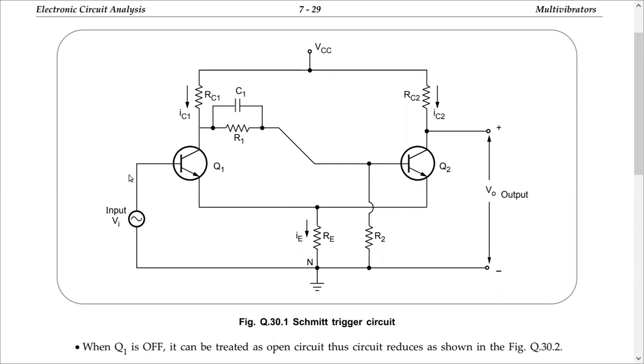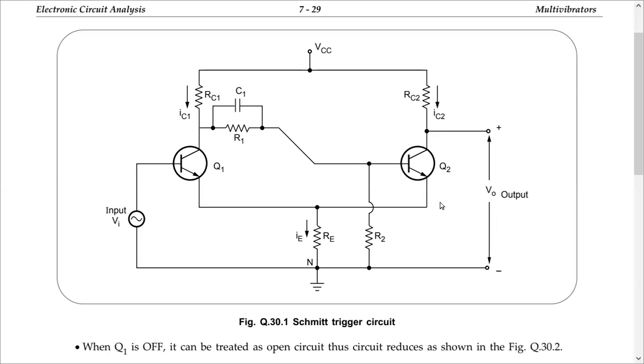Here we are considering the case where we did not give any input. Nothing is given to the base of the transistor Q1, whereas the emitter of Q1 has some voltage.